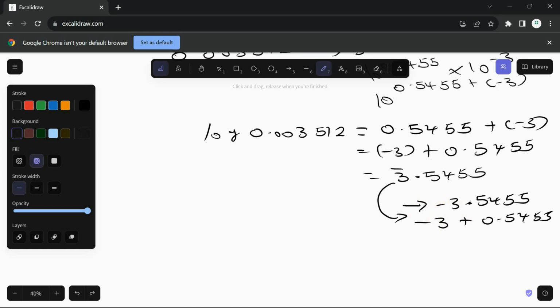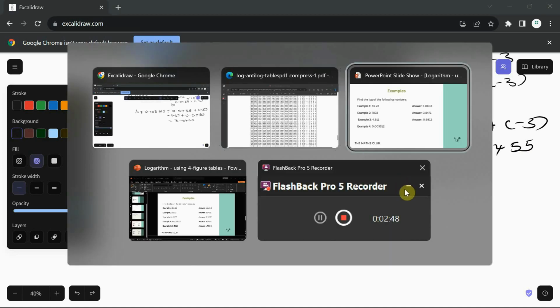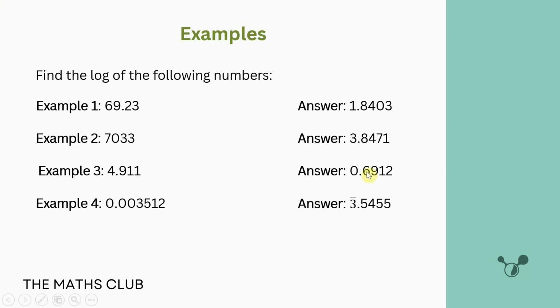The take home is that whenever you have a number less than 1 and you have a minus 3, don't do minus 3 plus, just say bar 3, then a point, and whatever is after it, 5455. So that being said, our answer is bar 3.5455. Let's see if we are correct. Great. Now the next question says that we should find the log of 0.5623.